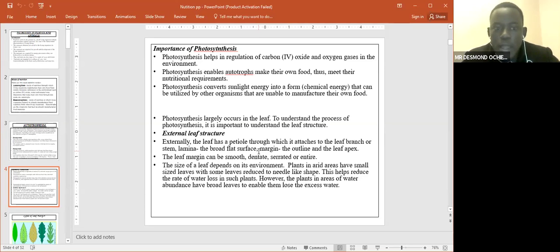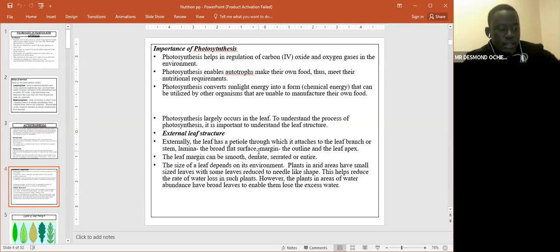Externally, the leaf has a petiole, or what we call the leaf stalk, through which it attaches itself to a branch on the stem. It also has the lamina, which is the broad flat surface. It has the leaf margin, which is the leaf outline, and then we have the leaf apex.